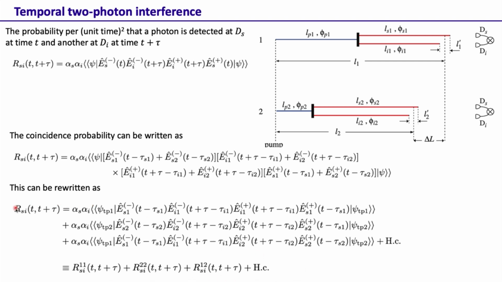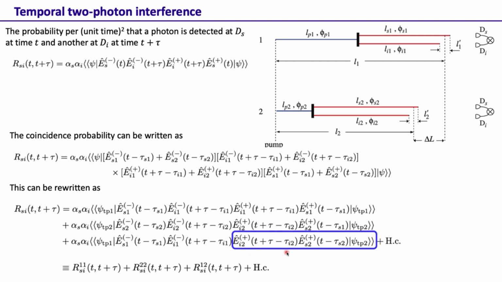Similarly over here, we are not talking about the intensity, we are talking about the coincidence count rate, and the total coincidence count rate is the sum of the coincidences coming from alternative 1 and alternative 2, and then the 2 cross terms. Okay, so now we want to calculate all these quantities. So let's start by calculating this quantity.